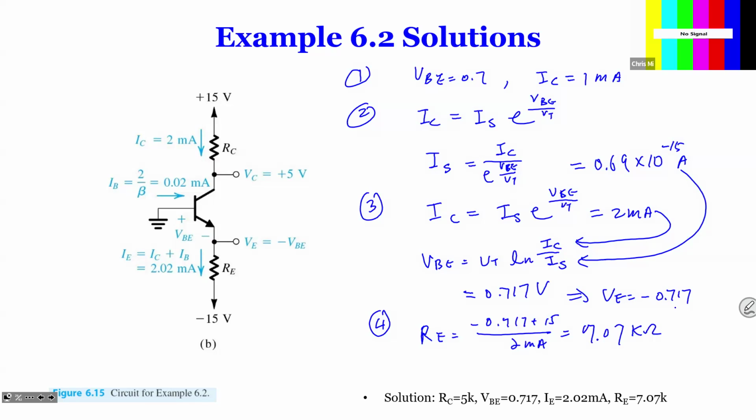So comparing to the other value, which was 7.15 kilo ohms, which is not too bad. Right, so this is the actual value, and that was the approximate value, right?